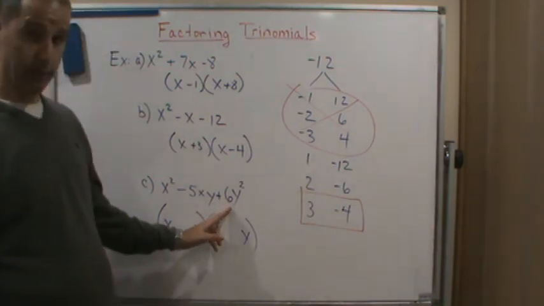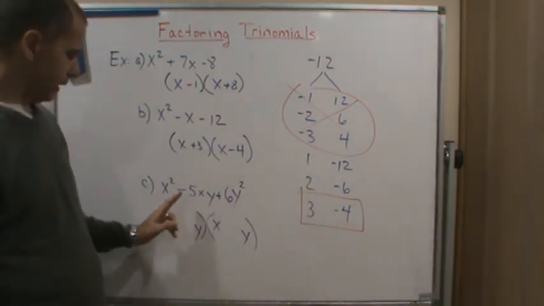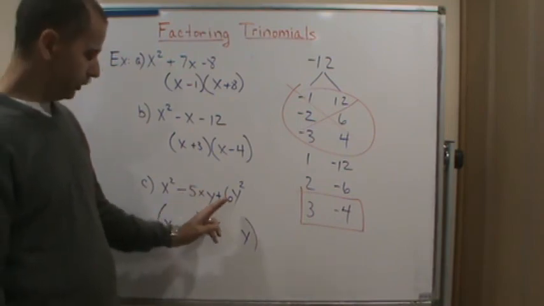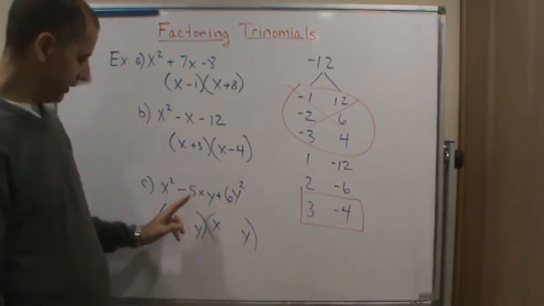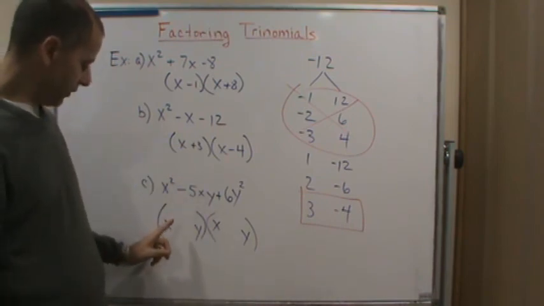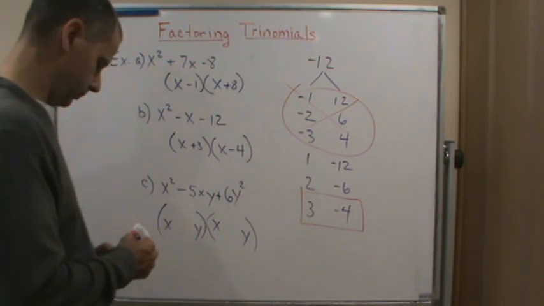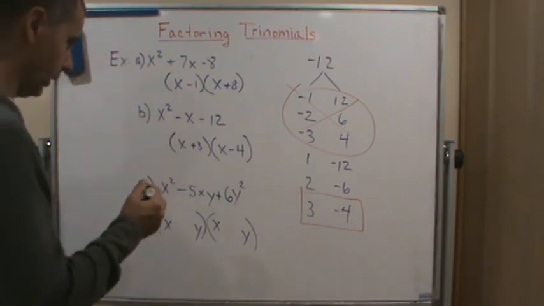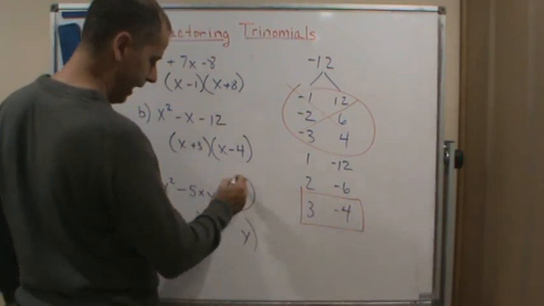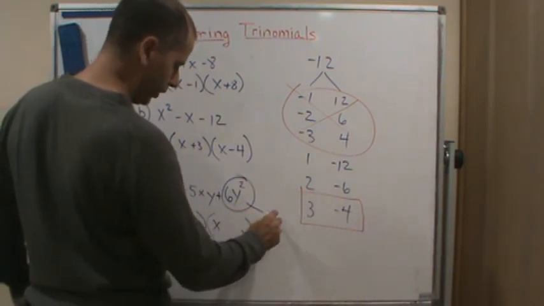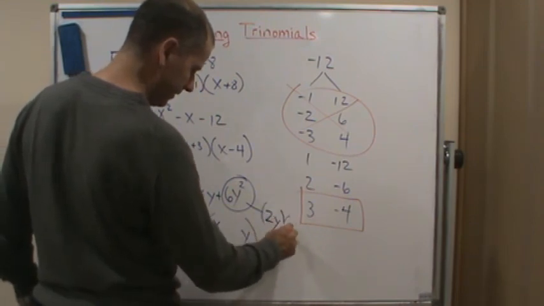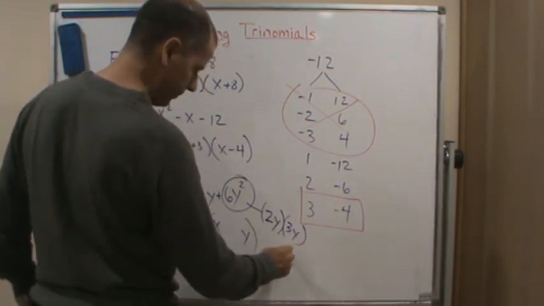Again, they both have to be positive or both negative, and they have to be both negative because this is negative. The only factors of 6 that will add up to a negative 5 are a negative 2 and a negative 3. So guess what? The factors of this are going to be 2y and 3y.